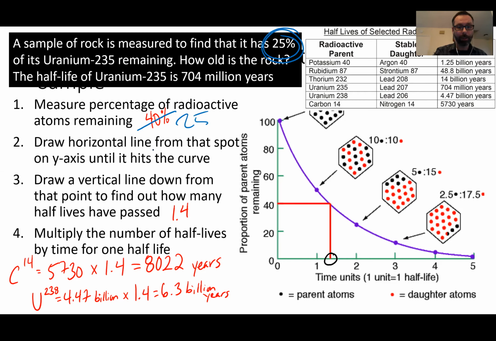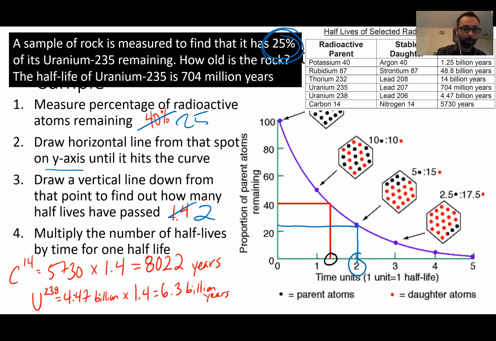Then we're going to go from that spot to the y-axis. So 25 is around right here, and I'm going to draw it across, right? And then I'm going to draw it down, and it goes to the 2, right? So that means 2 half-lives have gone by. So then this is uranium.